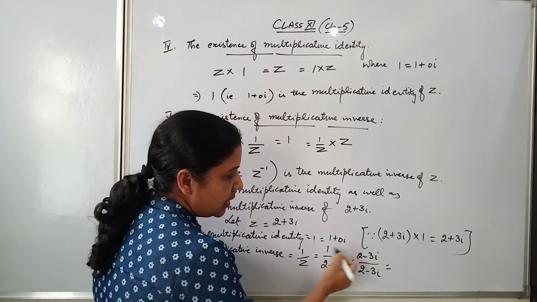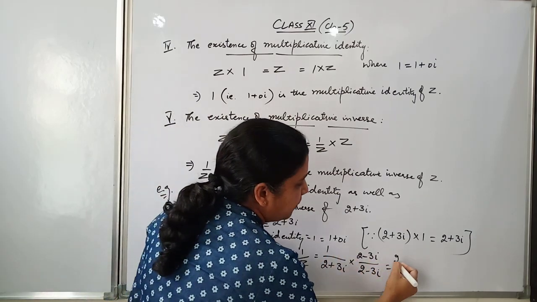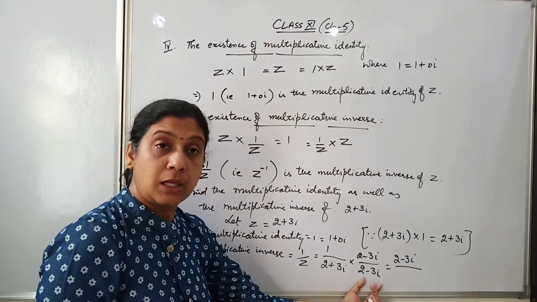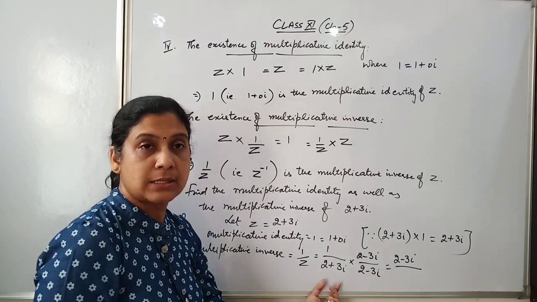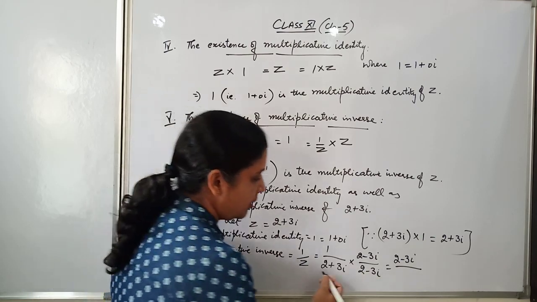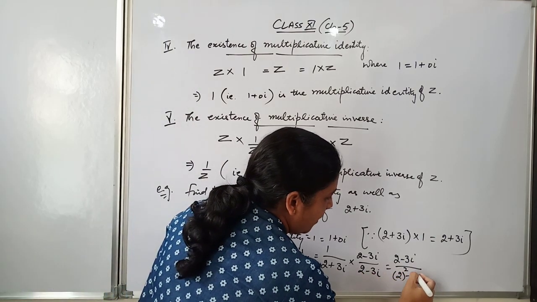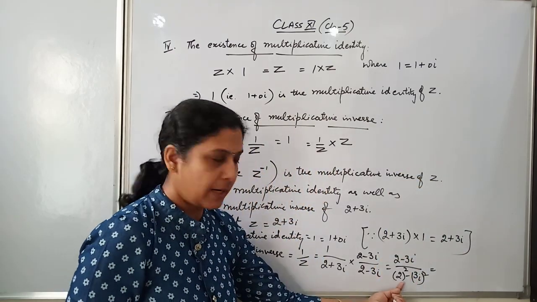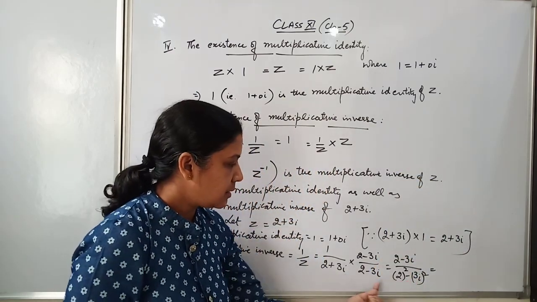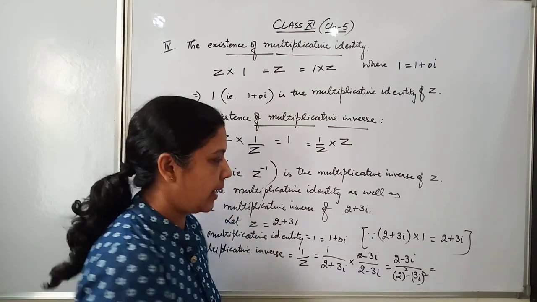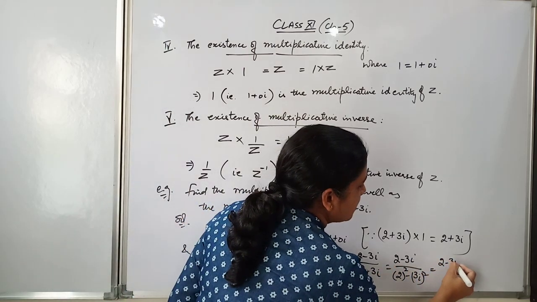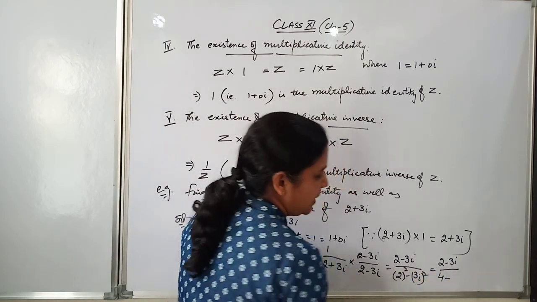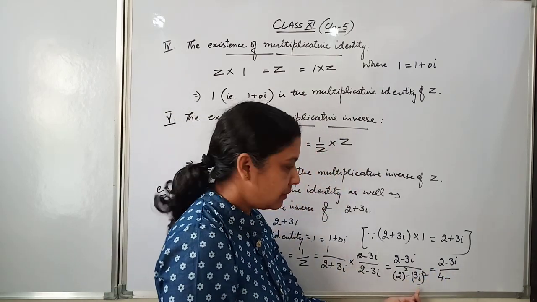Let's see. Numerator gets multiplied with the numerator. 2 minus 3 iota divided by a plus b into a minus b. The formula stands for a square minus b square. A is replaced by 2, b is replaced by 3 iota whole square. So it is 2 minus 3 iota divided by 2 square is 4 minus 3 iota square. पहले 3 का square कर लेते हैं.